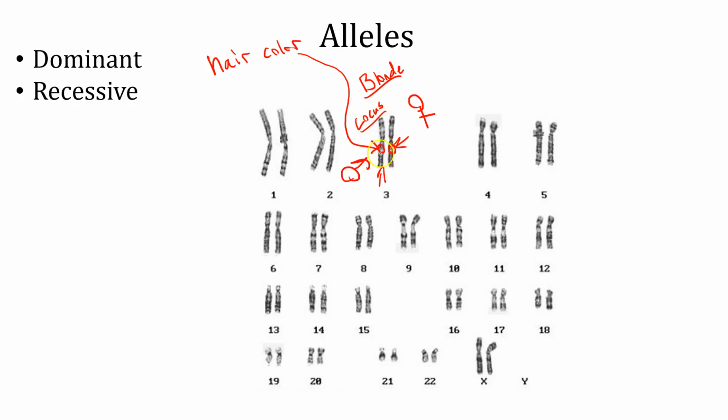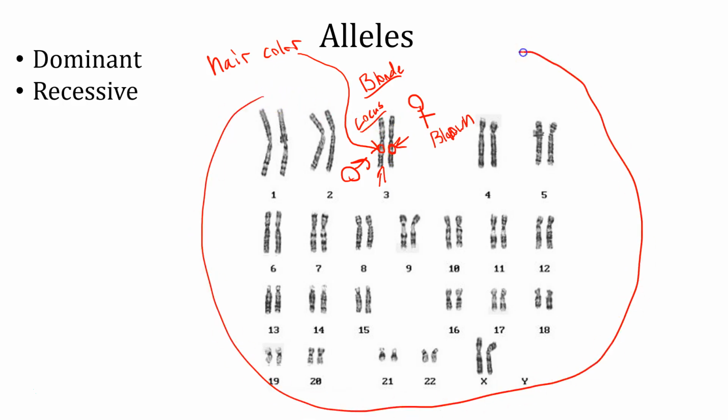So there's one chromosome from dad that has blonde hair color, and let's say your mom put forth brown hair color. Now they're in this one cell, and this again would represent any cell in your body that's not a gamete, a diploid cell with two copies of every gene. In this particular instance, this cell would have two chromosome number 3s.